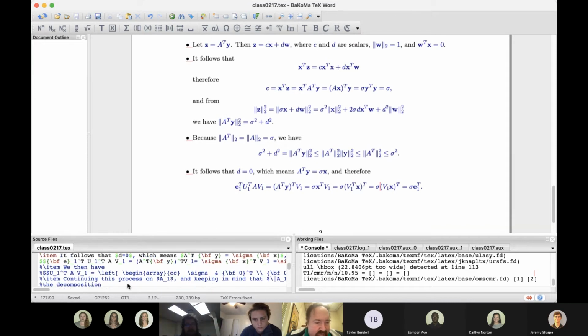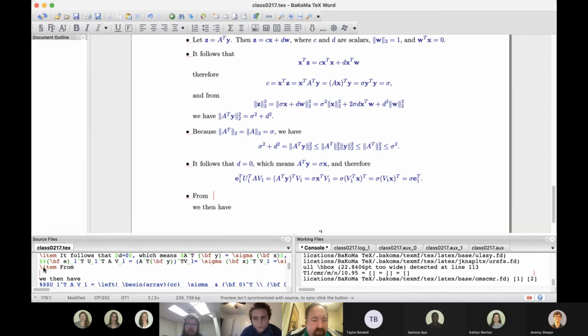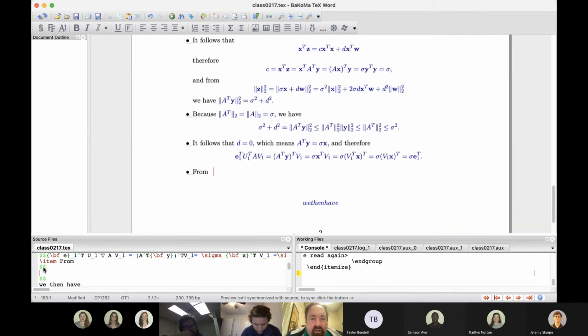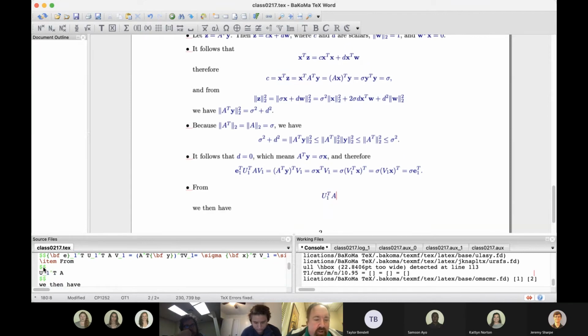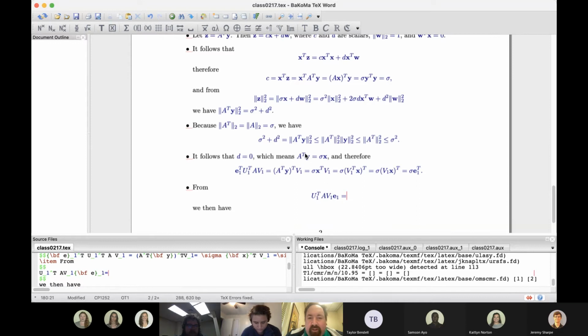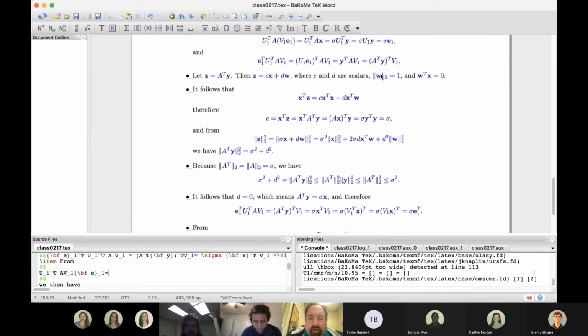Okay, now if I put together the most important things I got from all this, U1 transpose A V1 multiplied with E1, that was figured out earlier. That is sigma E1.